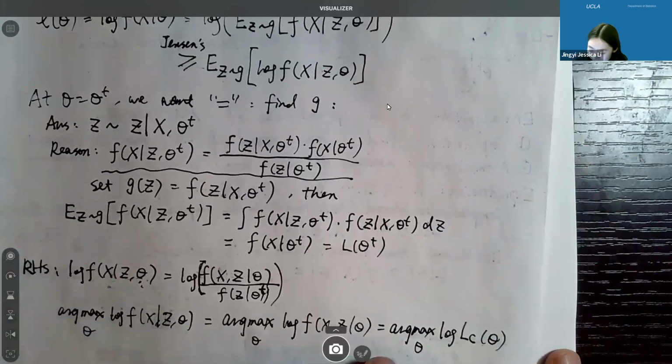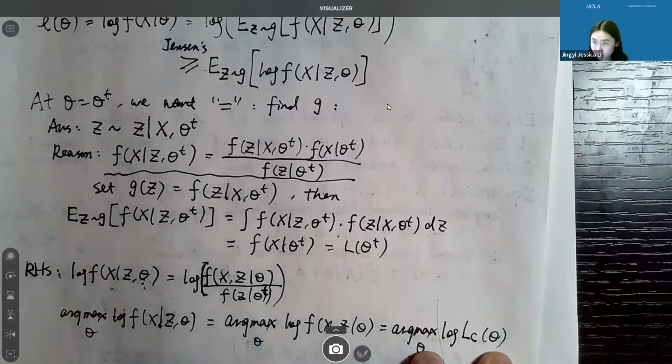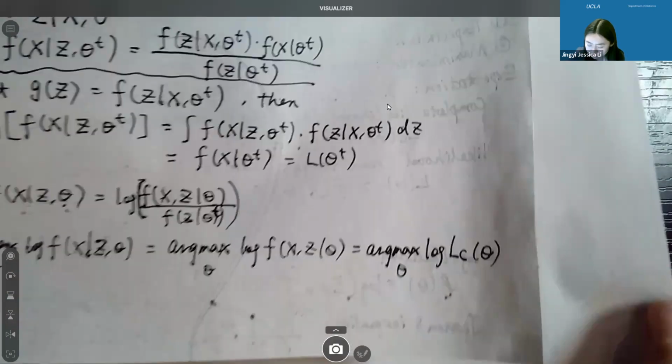So basically, the equality only holds at theta equal to theta t. Let me grab another piece of paper.